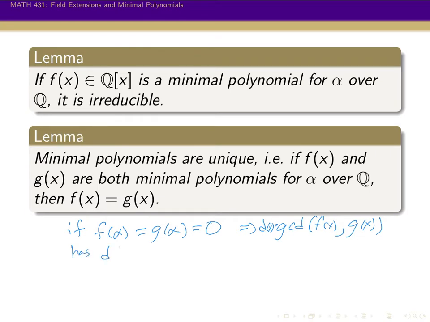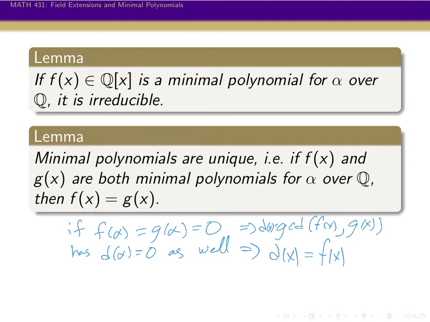Then d of alpha is equal to 0 as well. But the only monic polynomials that divide f are itself and 1. And 1 can't have alpha as a root. And so this means that d of x, the monic GCD of these two, has to be f of x, because that's the only non-constant monic polynomial that divides f of x.